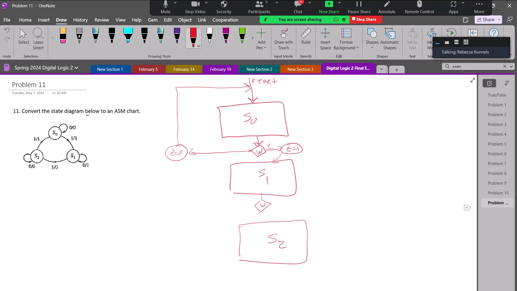From S1, if W is 0, I stay in S1, and my output is 1.